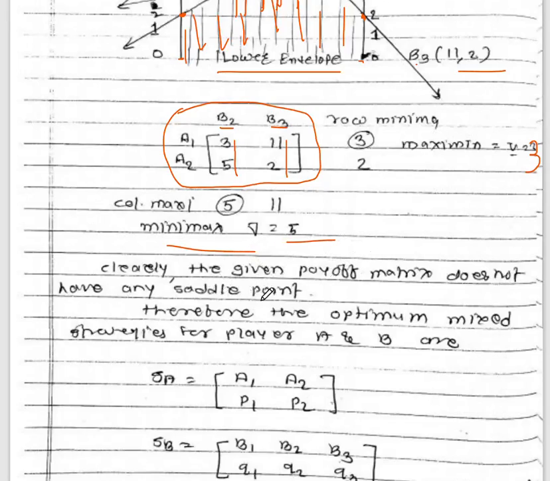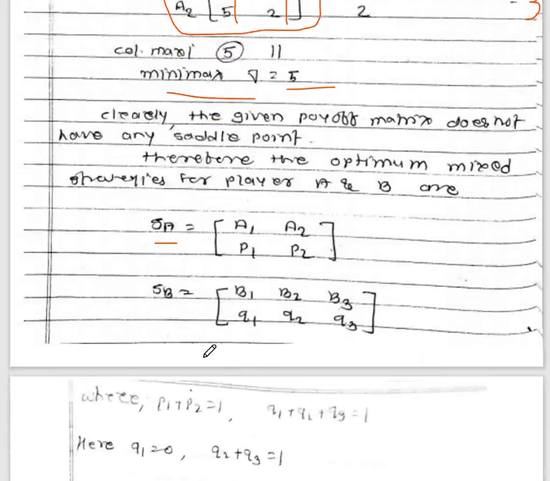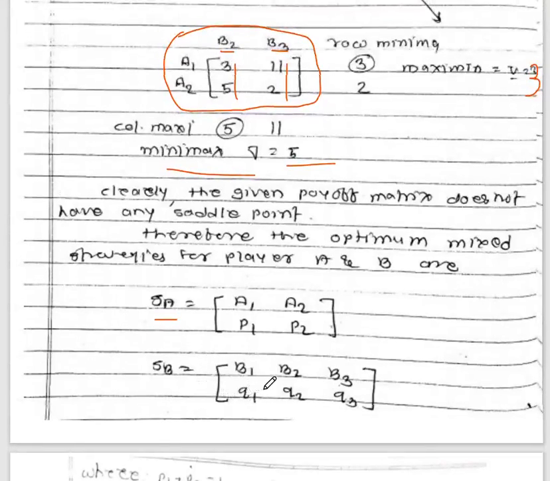Okay. So for that we will consider the mixed strategies are: optimum strategy for player A is A1, A2 with probabilities P1, P2, and optimum strategy for player B is B1, B2, B3 with probabilities Q1, Q2, Q3. Okay. So if you observe from this, here B1 is absent, so therefore Q1 will become 0.